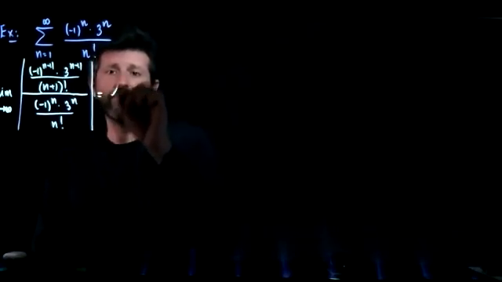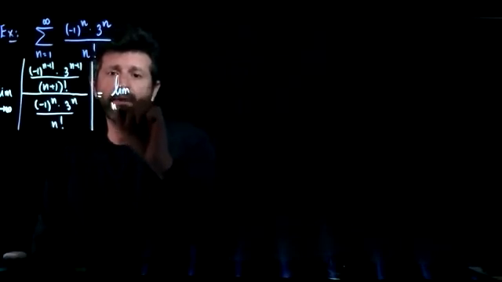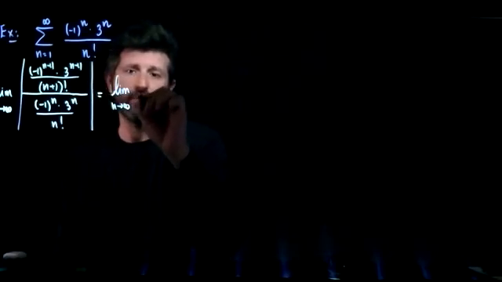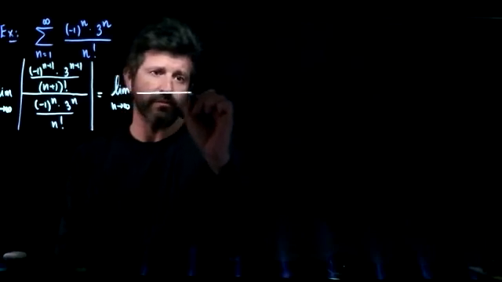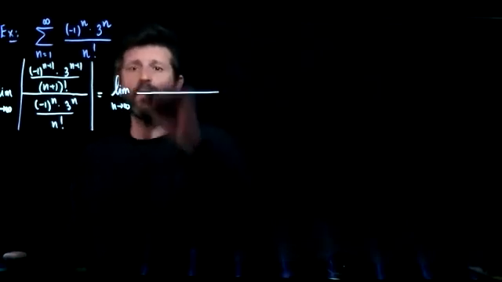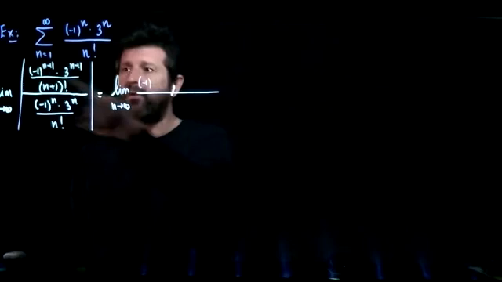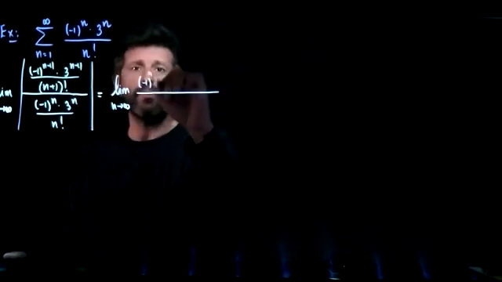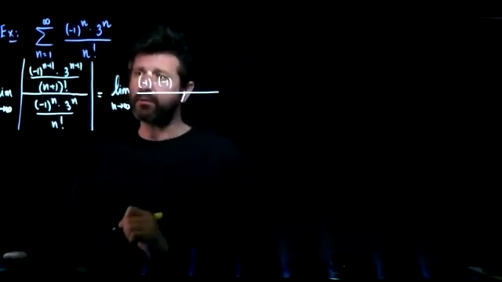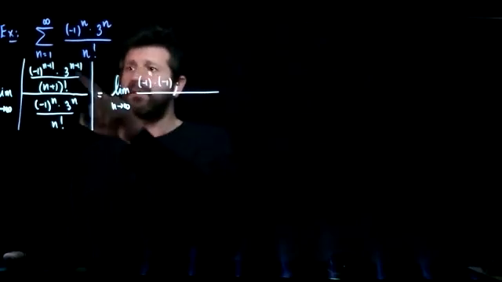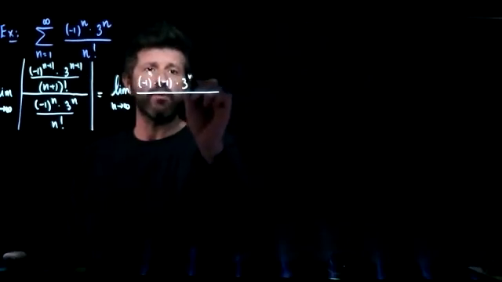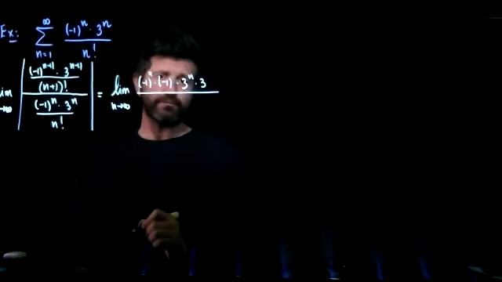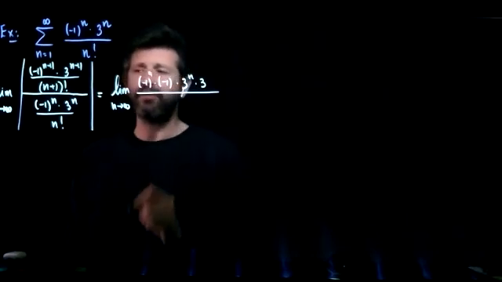So let's do the algebra here. Limit n approaches infinity, and I'm going to put everything on one fraction. Okay, so -1 power n plus 1, so it's -1 power n times -1 power 1, times 3 power n plus 1, which is 3 power n times 3, over n plus 1 factorial.